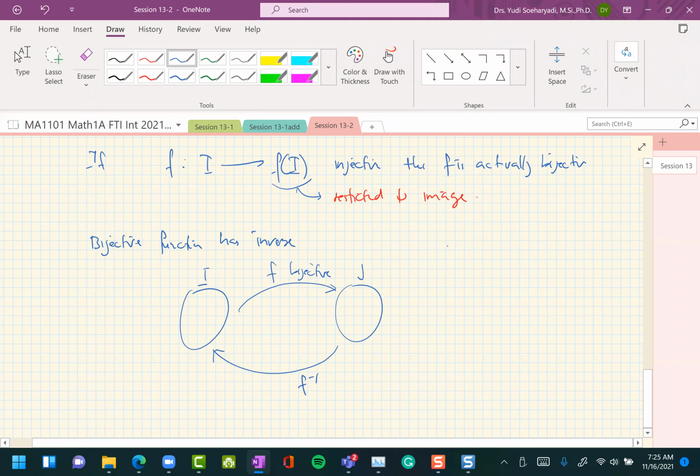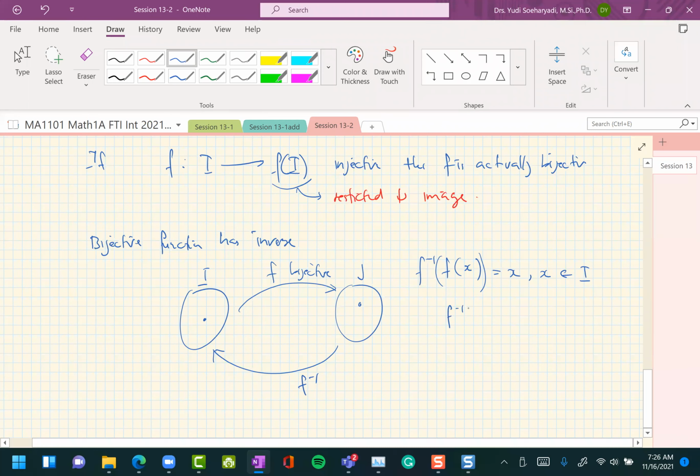So what is the inverse? Inverse means that if you start with x here, map it with f, and this f of x, pull it back using the inverse, then you get x back. That's for every x in the domain.